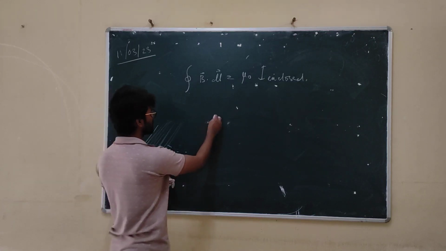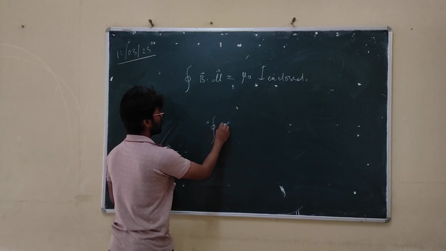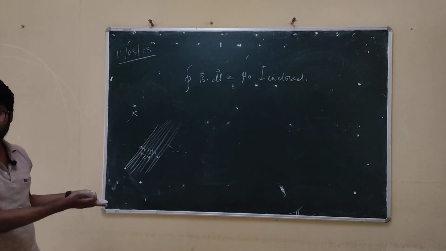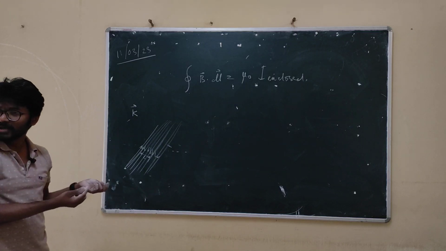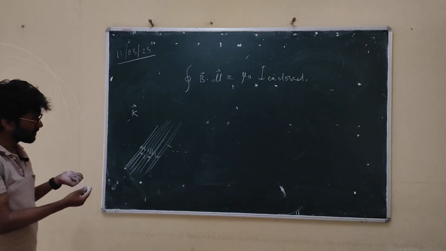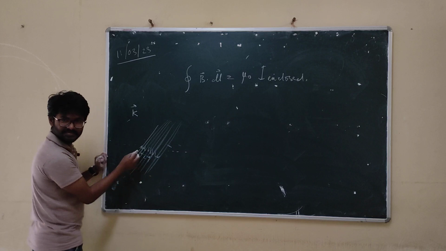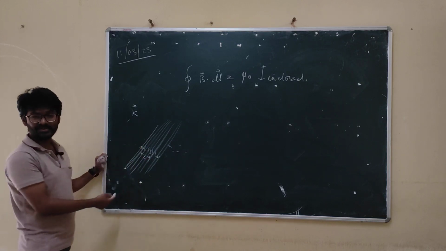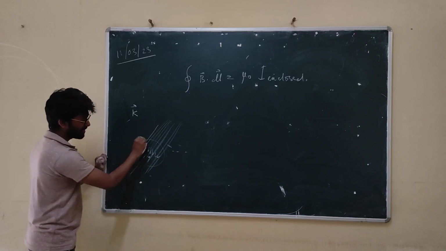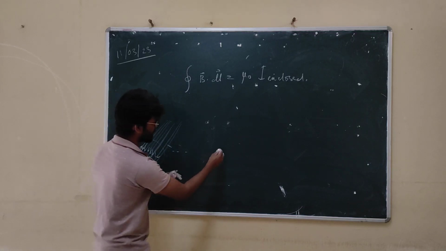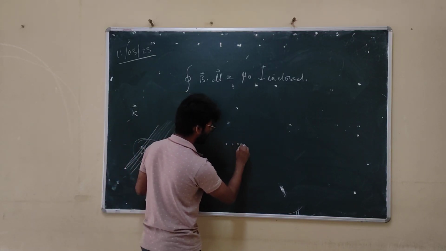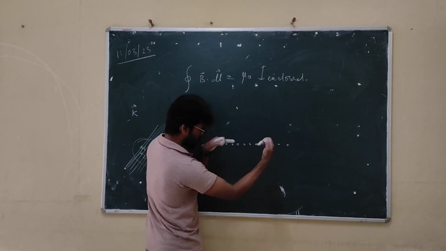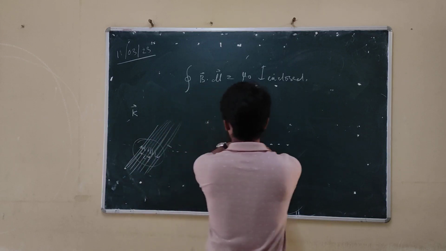And we can use Ampere's law once again. So B, okay, what surface are you going to take? What loop are you going to take so that it will be symmetrical? The currents are coming out from the surface like this.